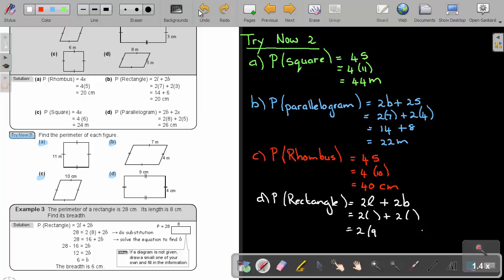Let's just redo it. I put the 9, and in the place of the breadth I put 4. So 2 times 9, it's going to be 18, plus that 8, that's going to give you an answer of 26 centimeters. And if you do it in this format, you're definitely going to get all your marks.